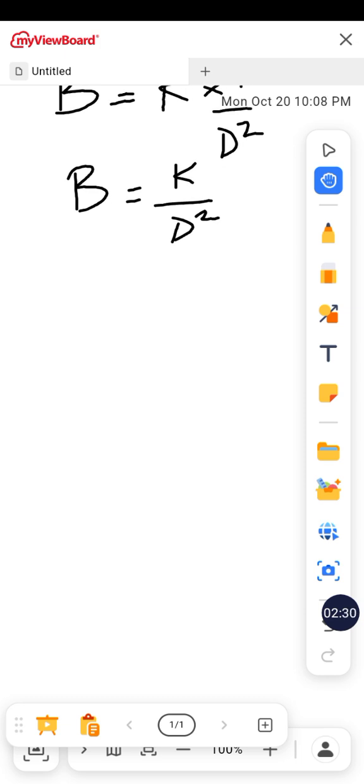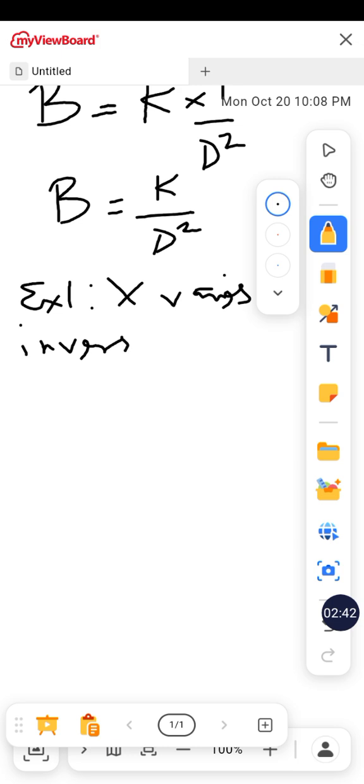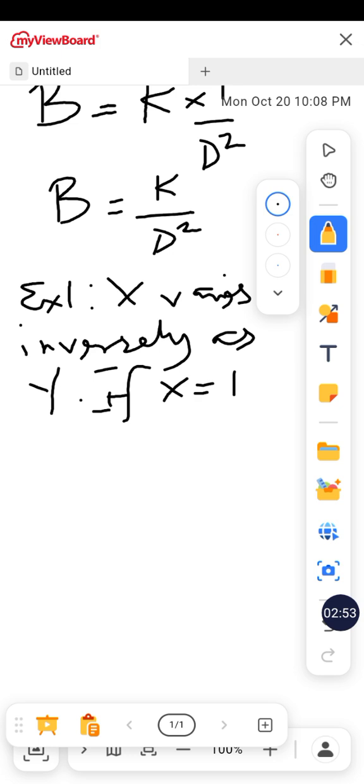Let us take a full-fledged question regarding inverse variation. I call that example 1. x varies inversely as y. If x is 12, y is 5.